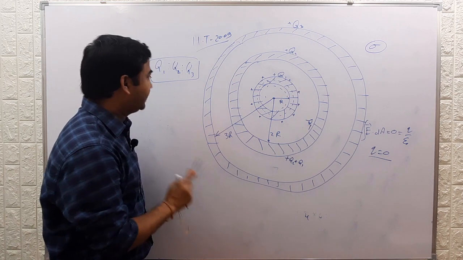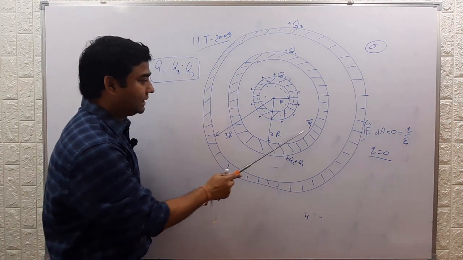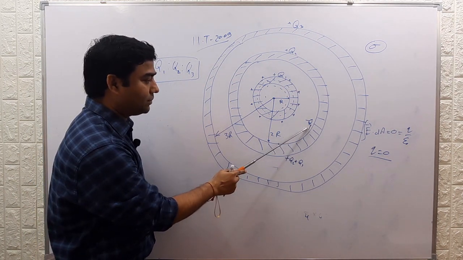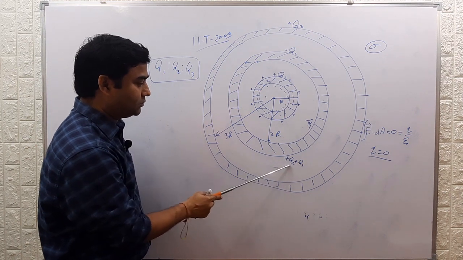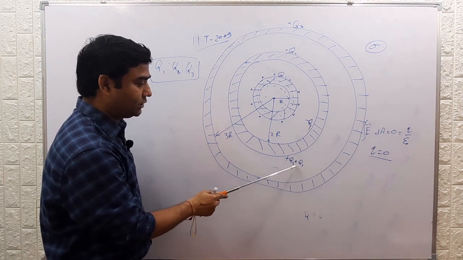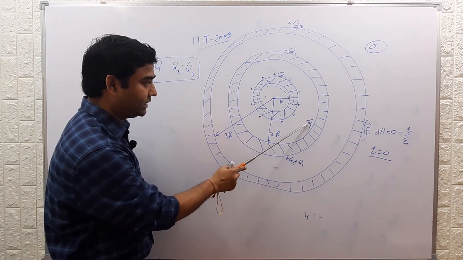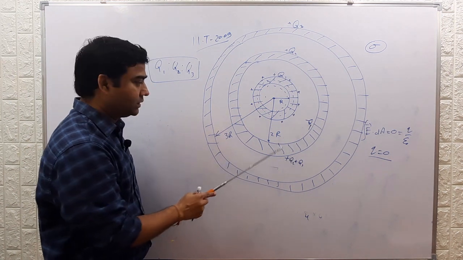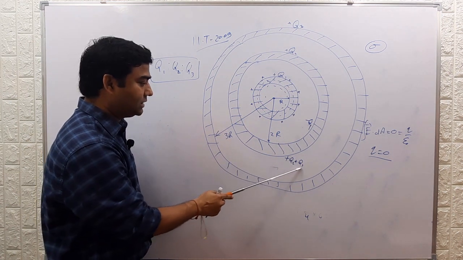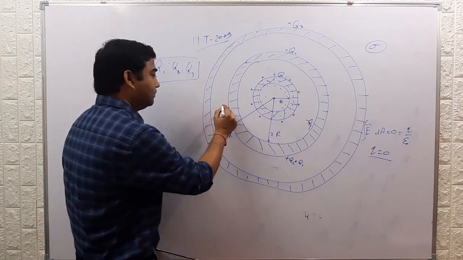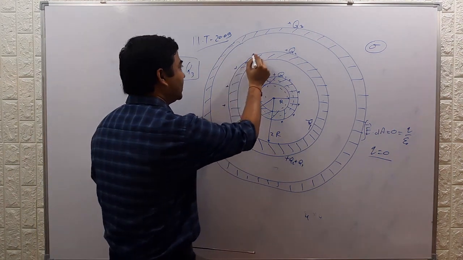The total charge on this sphere is Q2. The inner surface will have induced charge minus Q1, hence the outer surface will have Q2 plus Q1, and the total charge is Q2 plus Q1 minus Q1, which is equal to Q2. By charge conservation, the outer surface of this sphere will have plus Q1 plus Q2 charge.